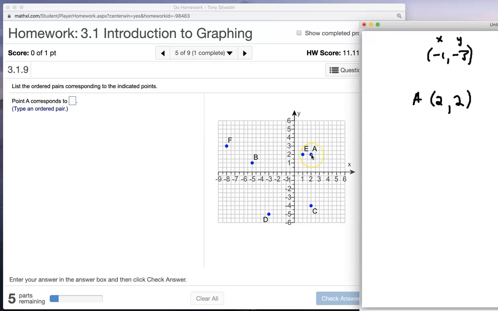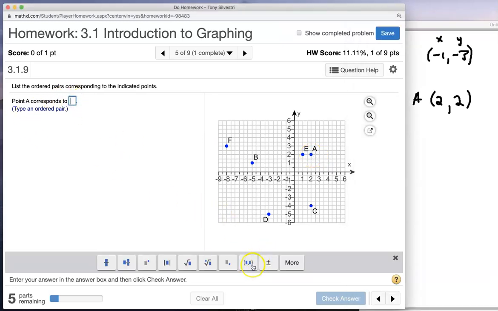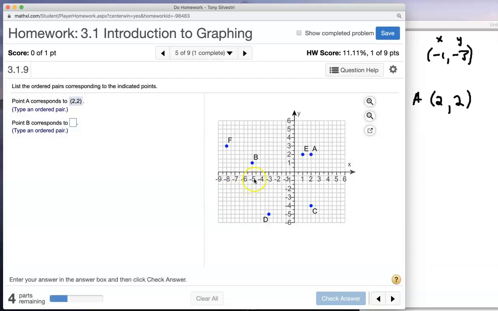That's how you get to A. I'm going to put that right in there. Make sure you use this little parenthesis template thing. So we're going to put 2 and then 2. Let's move this out of there. Delete that. Okay. Check your answer. Well done. Very good.